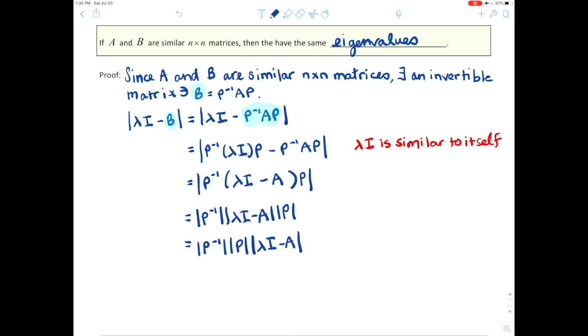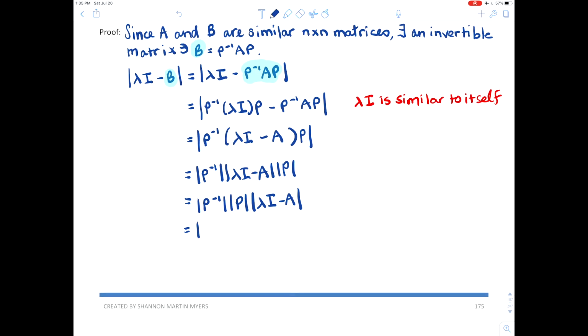Cool so far? But let's put the P inverse and P back together. So we'll have the determinant of P inverse times P times the determinant of lambda I minus A. But what is the product of P inverse times P? Beautiful. It's going to just be I, right?